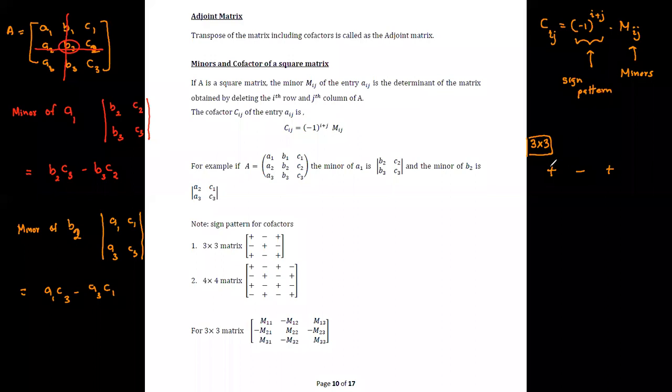As I mentioned, we have to start the sign pattern always from a plus sign. Then the next sign would always be the opposite of the sign that you have previously written. If I write all these things again, first starting from the plus sign, then the next one would be minus, opposite to this.